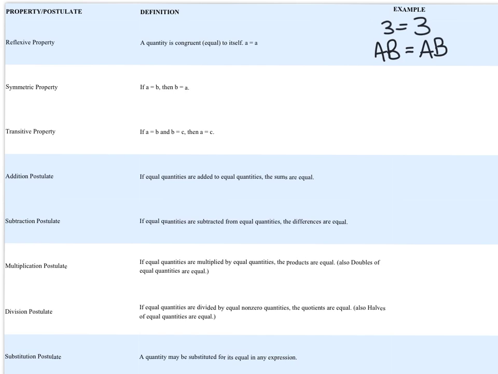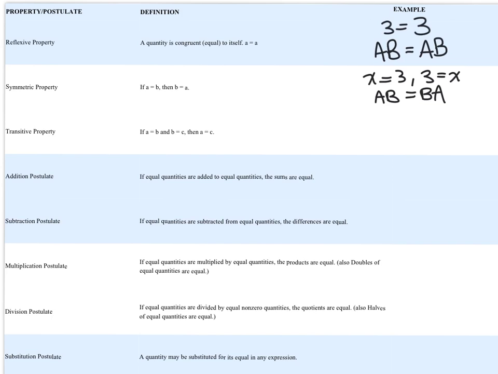Now, the symmetric property, if A equals B, then B equals A. In terms of algebra, we would always say if X equals 3, then 3 equals X. It doesn't matter the order that you write it in. In terms of geometry, the length of AB is the same thing as the length of BA.